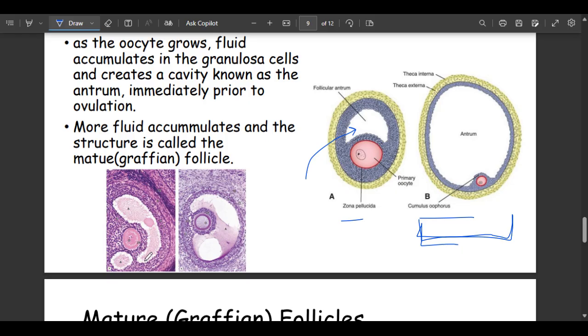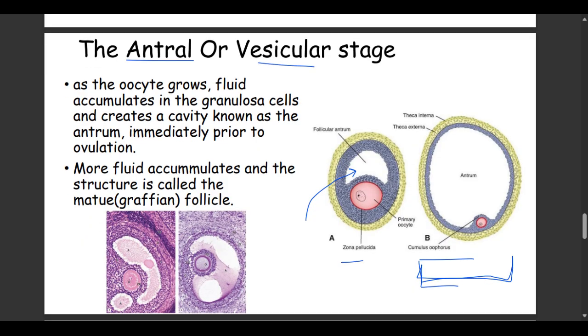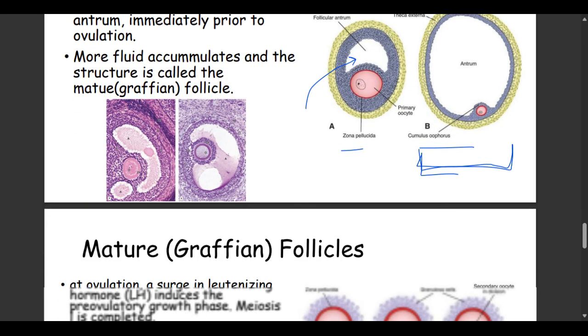Here the antrum is still accumulating fluid, and here it has accumulated the maximum amount of fluid basically. It grows, but then the antrum also grows with it. That means you have a lot of space here in the antrum, and that's how you know that this is a mature Graafian follicle in case they ask you what this is.